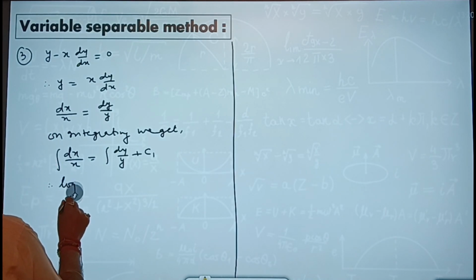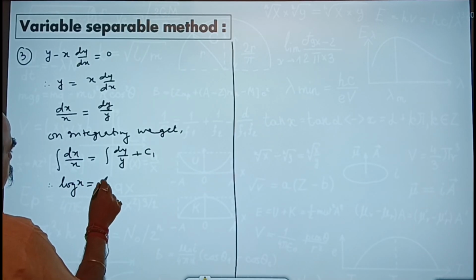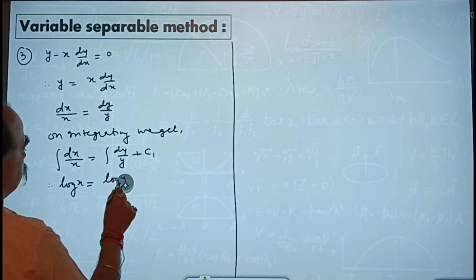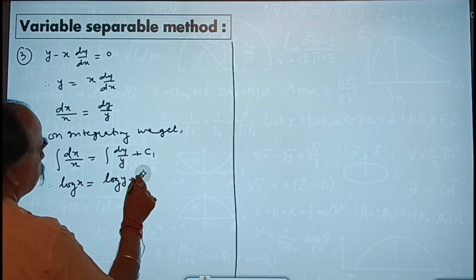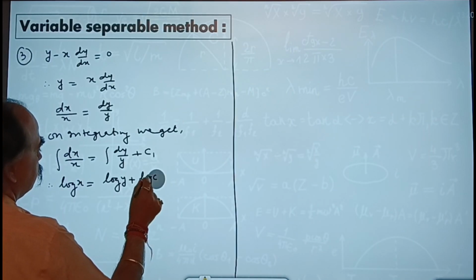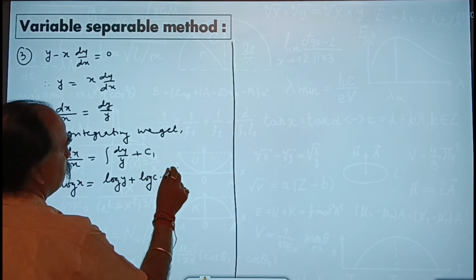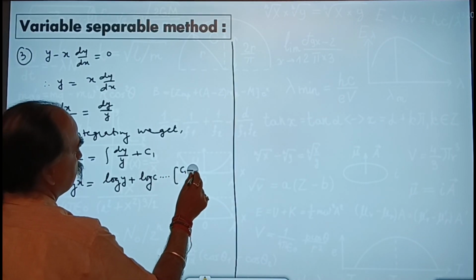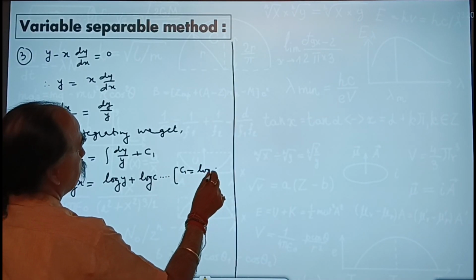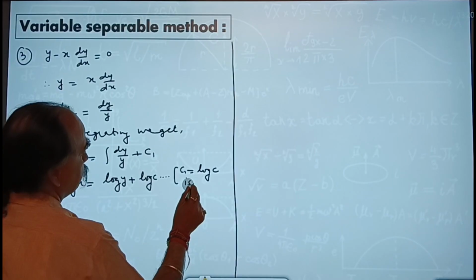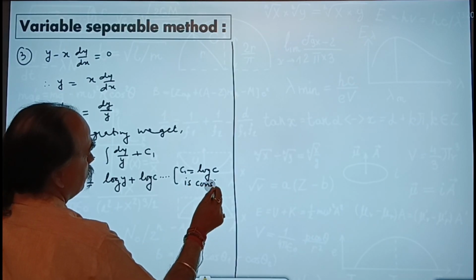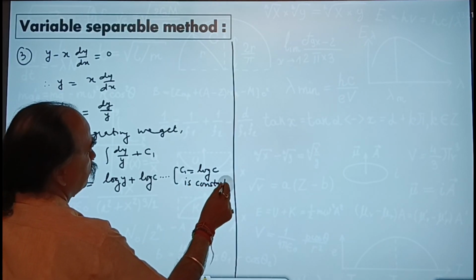So log x is equal to log y plus c1. c1 can be replaced by log c. Constant we can adjust accordingly. c1 is equal to log c, where c is a constant.